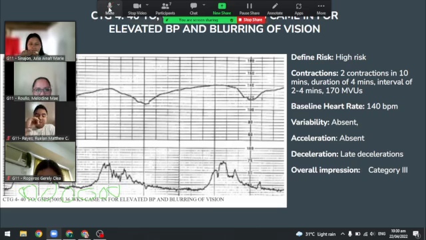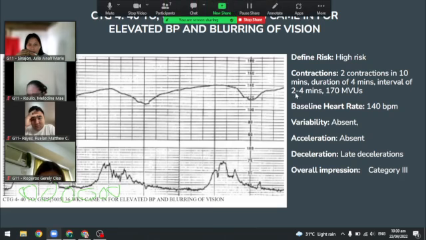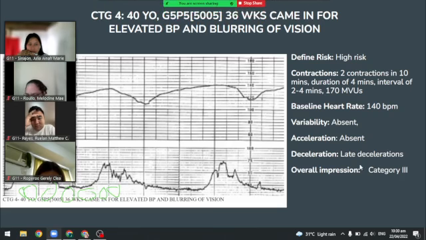My point is, how do you know that's a late decel versus a prolonged deceleration? There's a late deceleration and a prolonged deceleration. What's the difference? We answer late decelerations, doc, since from the baseline heart rate it is 140.